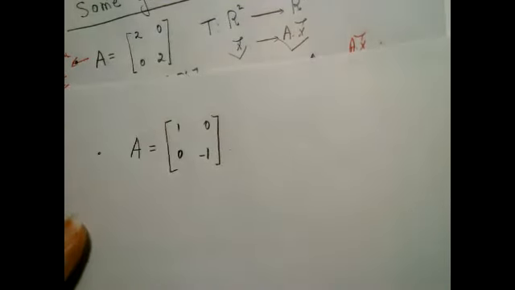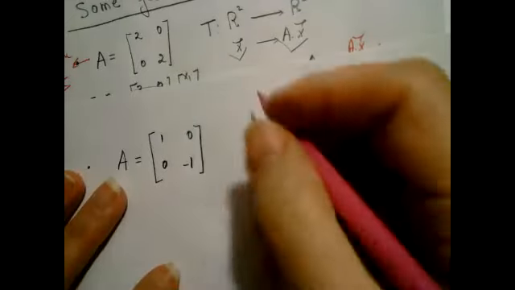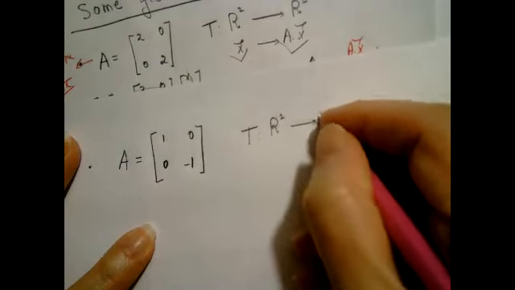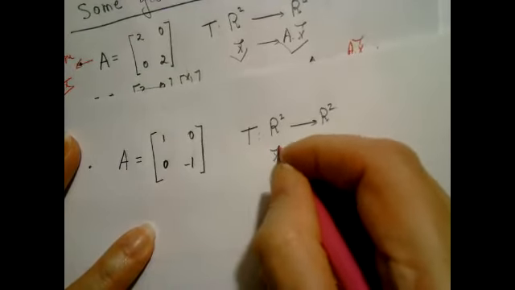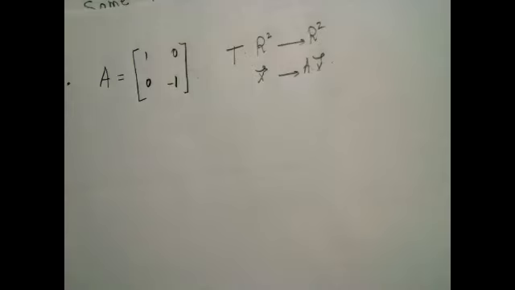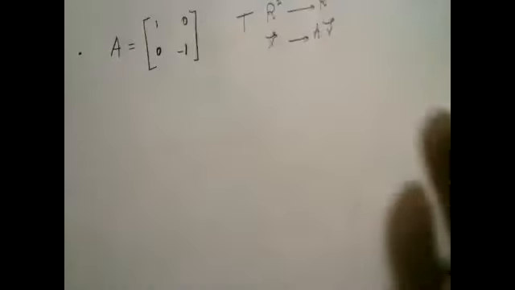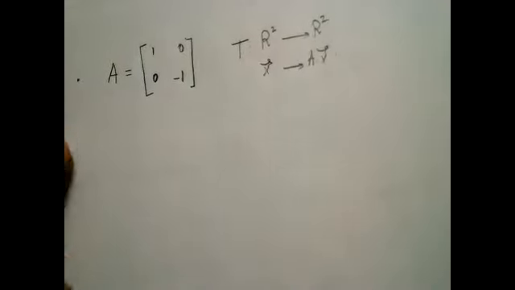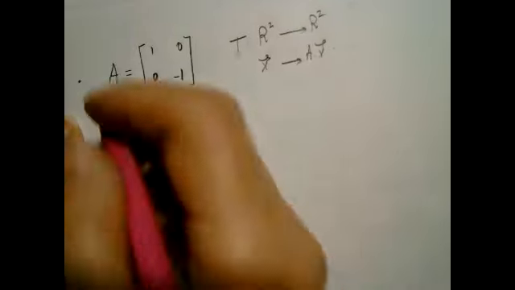This is my A. And T is from R2 to R2, takes a vector X to A times X. Our goal is, again, to geometrically understand what this simple matrix does. So I'm going to let A act on any vector and ask what it's doing. Let me take T of X.